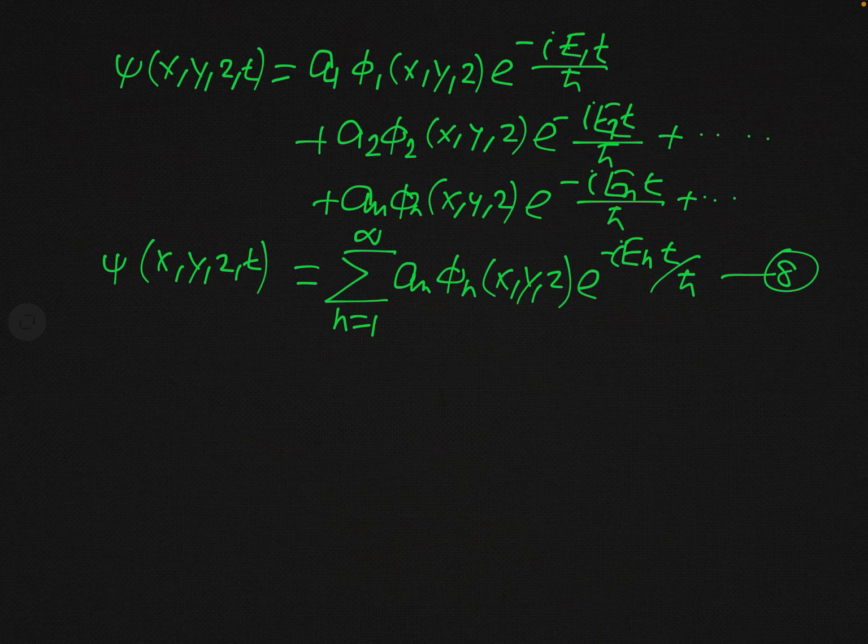Here phi n is the time independent part of the eigenfunction and the exponential is the time evolution.